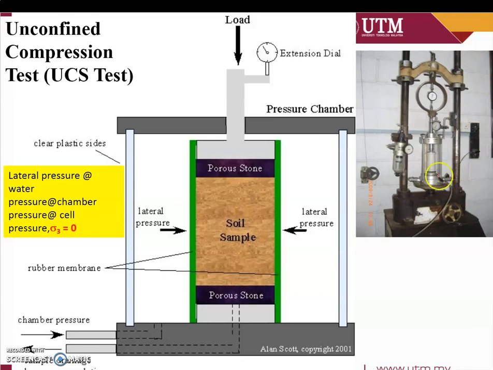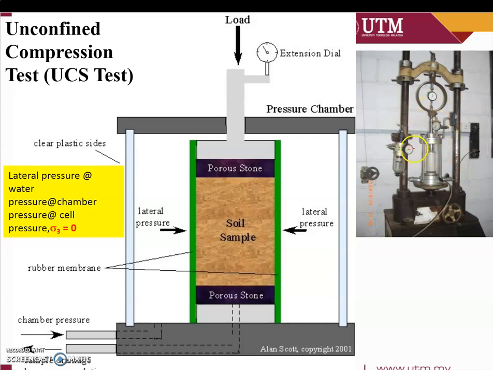From time to time we need to calibrate the frame so that we know the loading we apply through the proving ring and directly to the soil sample is correct. Between the loading frame and the soil, we have the proving ring, which measures how much loading we apply to the soil.